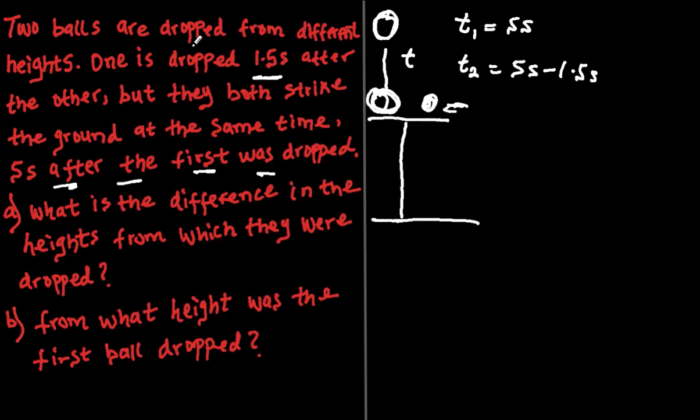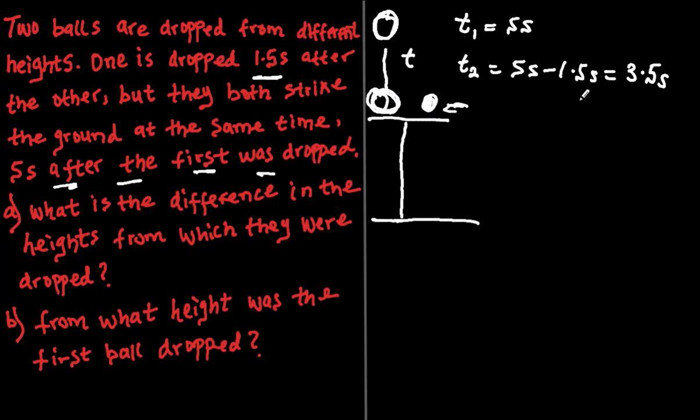Two balls are dropped from different heights. One is dropped 1.5 seconds after the other. So the second ball must have been dropped 1.5 seconds after the first ball was dropped. And 5 seconds minus 1.5 seconds is 3.5 seconds. So the second ball was dropped 1.5 seconds later, and it spent 3.5 seconds in the air.